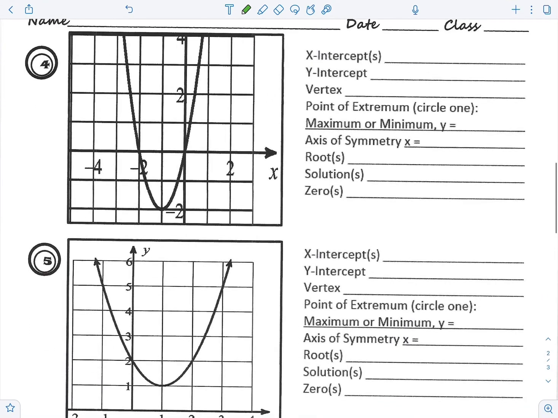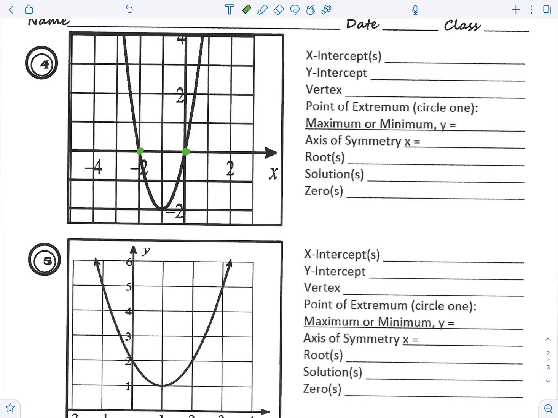We're going to go to number 4. If we look at number 4, we have this U shape, right? First we're going to identify our x-intercepts, the points where the graph crosses the x-axis. Here and here.